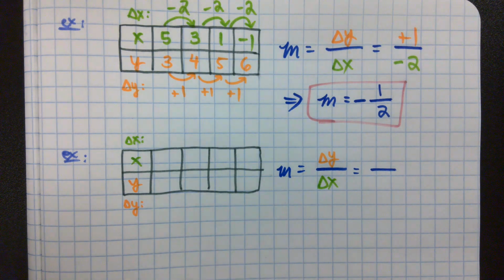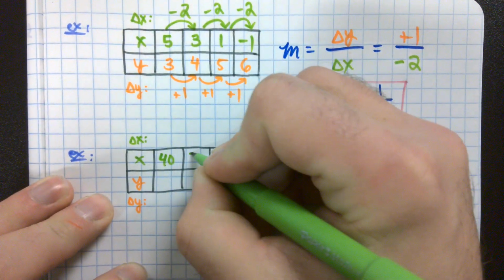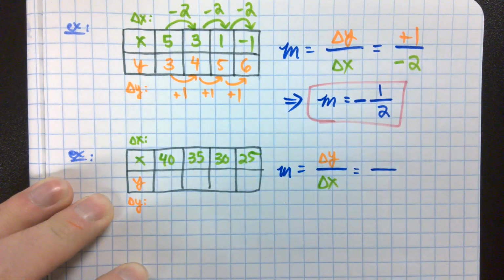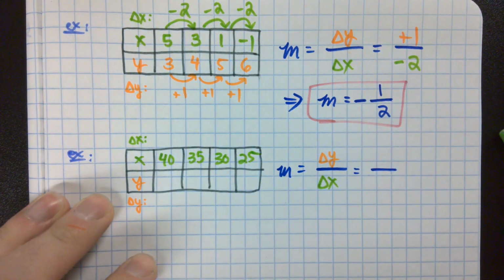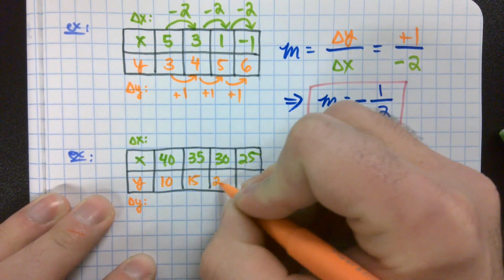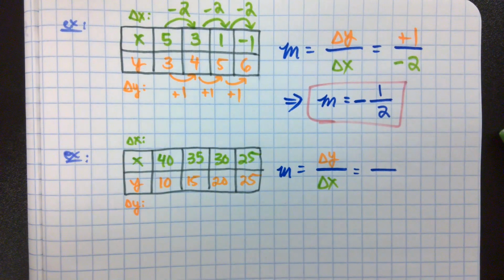So for our x values, let's say we've got 40, 35, 30, and 25. And then for our y values, we can do 10, 15, 20, and 25.